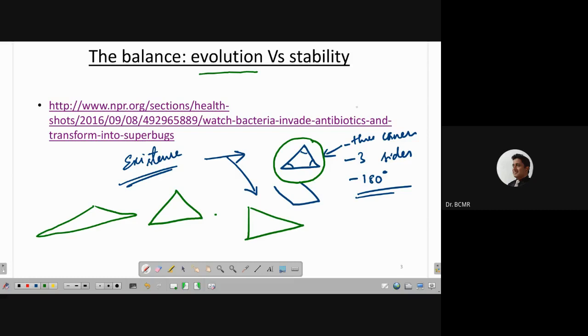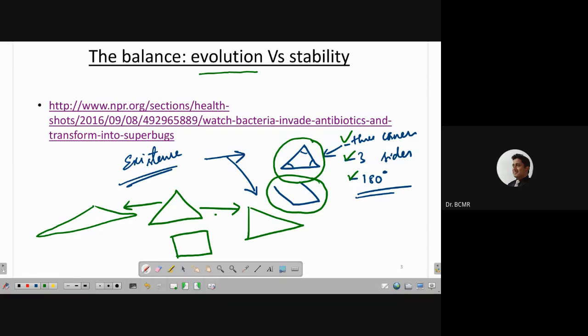As long as these three properties are met, three corners, three sides, 180 degrees cumulative of internal angles, then it is a triangle, right? If I'm changing this triangle to this type or to this type, it is still all right. We can still call it a triangle, right? But if we have made it into something like this, where we have disrupted one of the sides, then it is no longer a triangle. If we add one more side to it, then it is no longer a triangle.